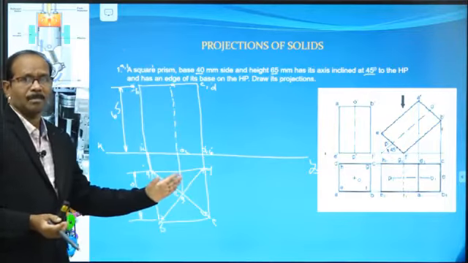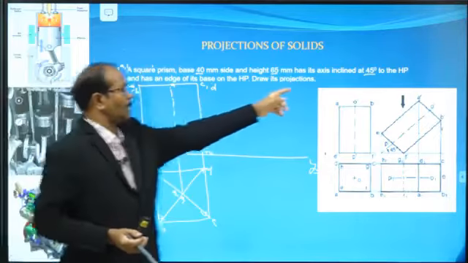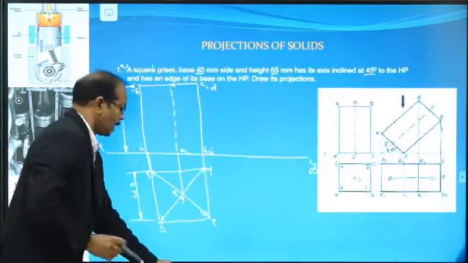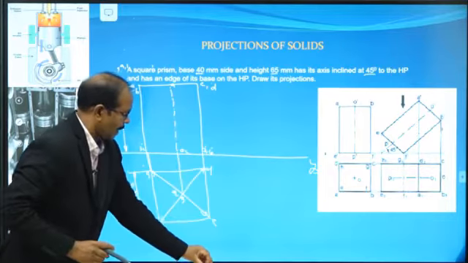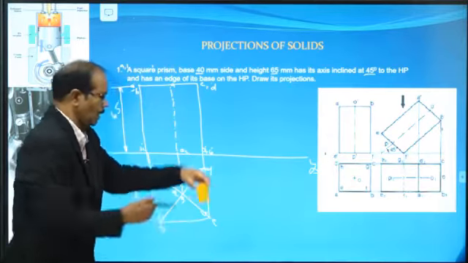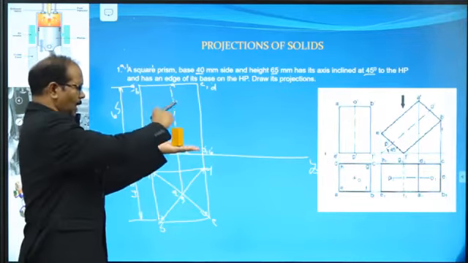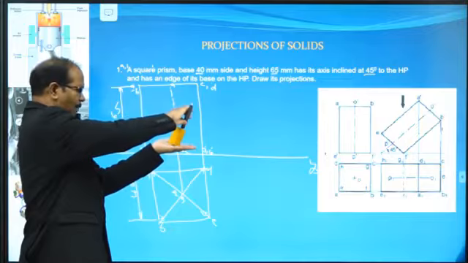Now this is the simple position, but it is asked at an angle of 45 degrees. While tilting this at 45 degrees, initially this is the front view. The front view is a rectangle. Tilt this at an angle of 45 degrees.